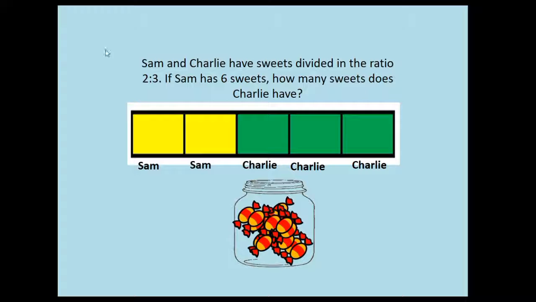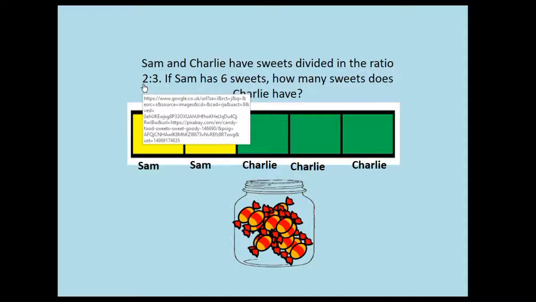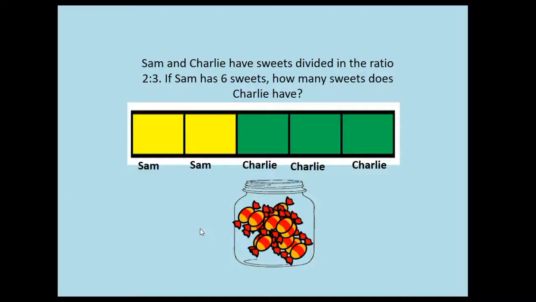There are 5 parts altogether. I am going to draw a bar which consists of 5 different sections. I have labelled 2 of them Sam and 3 of them Charlie, because Sam has 2 parts and Charlie has 3 parts.